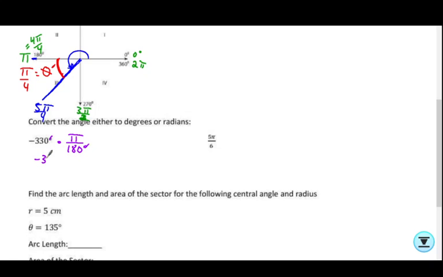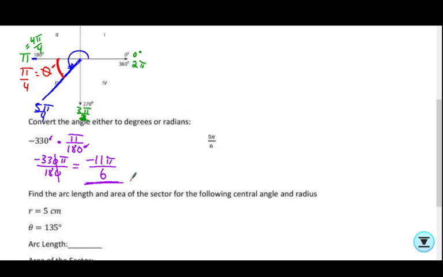So I get negative 330 pi over 180. Both are divisible by 10. And then both are also divisible by 3. So negative 33 divided by 3 is negative 11. 18 divided by 3 is 6. So negative 330 degrees is the same thing as negative 11 pi over 6.